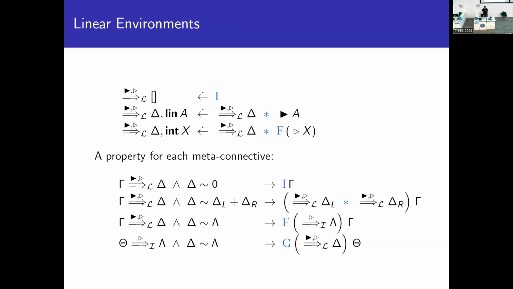But to get a value of intuitionistic thing, you follow the types and use meta F to get there. This has some nice properties. The one of relevance for the next slide is the one to get an environment inside meta F. They're all to get environments inside the meta connectives, but this one's to get it inside meta F. The third one down says if you're going into an intuitionistic context, then you can get an intuitionistic environment.